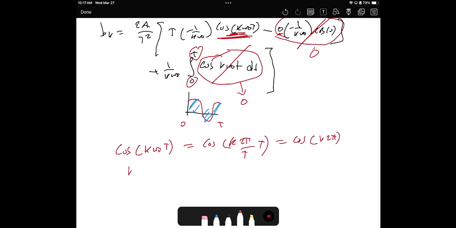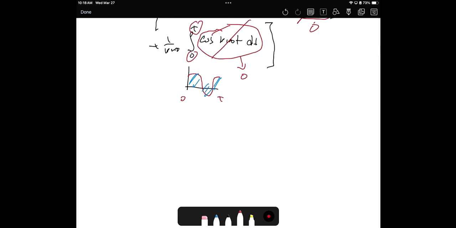What do we know about k? k equals 1, k equals 2, etc. When it is 1, cosine 2 pi is the same as cosine of 0, which is 1. Cosine of 4 pi will be 1 as well. So every time it will be 1, no matter what the value of k. So as a result, the cosine is 1.